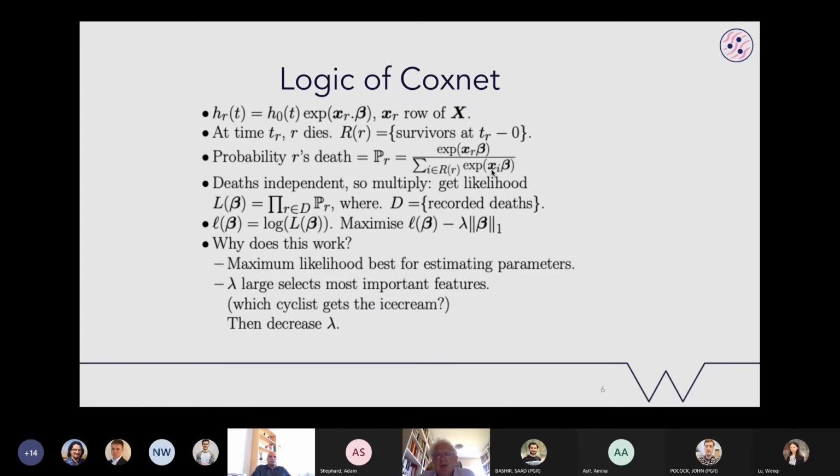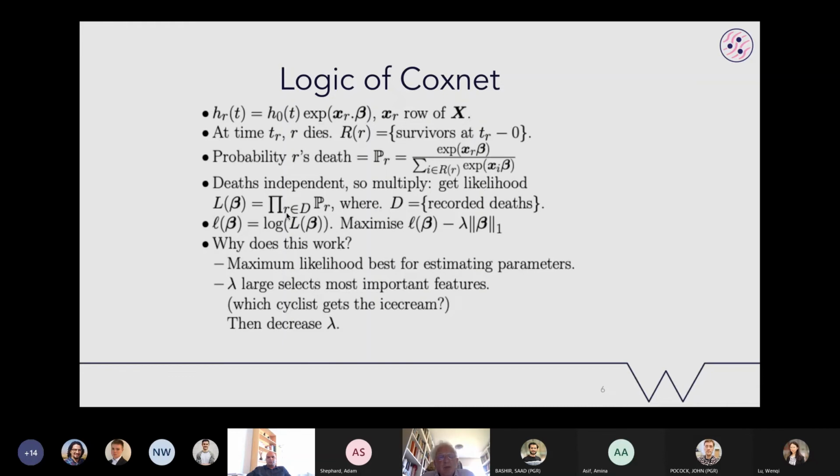You add all those together to make this into a probability. And now the various deaths during the study are independent of each other, hopefully. When you have independent events in probability, you multiply the probabilities, and then we get this likelihood, which is the product of the PRs.